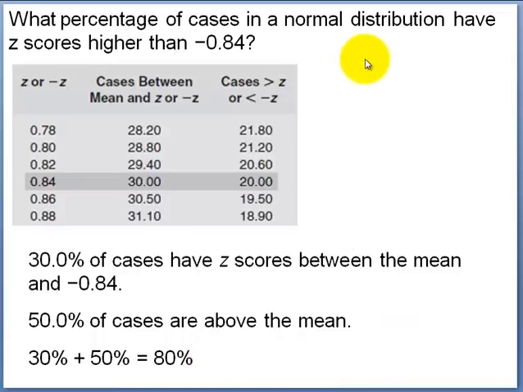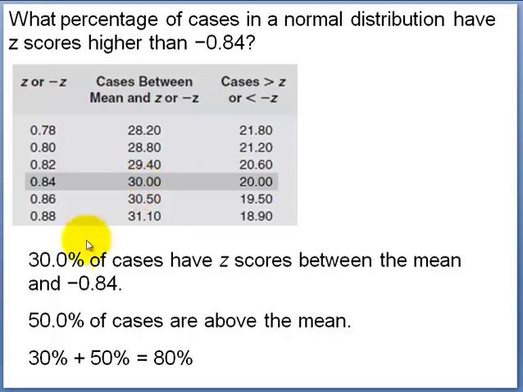So this question here is a little different still, in that this question really involves both sides of the distribution. So it's asking you, what percentage of cases in a normal distribution have z-scores greater than minus 0.84? So we locate the z-score of 0.84, and you know that this refers also to minus 0.84. And 30% of cases are between the mean and that z-score.